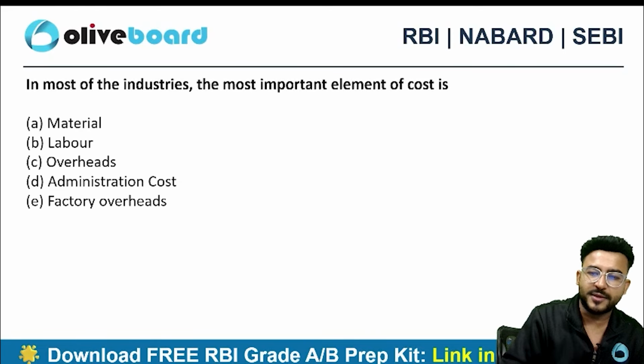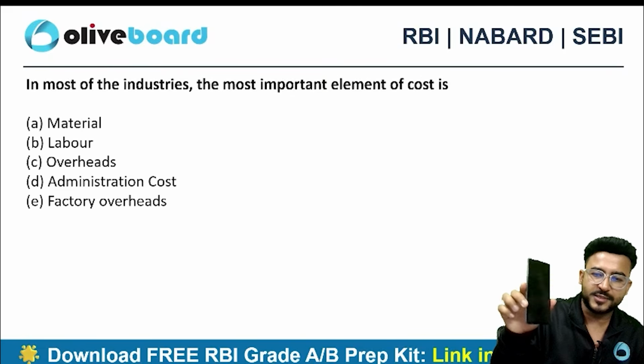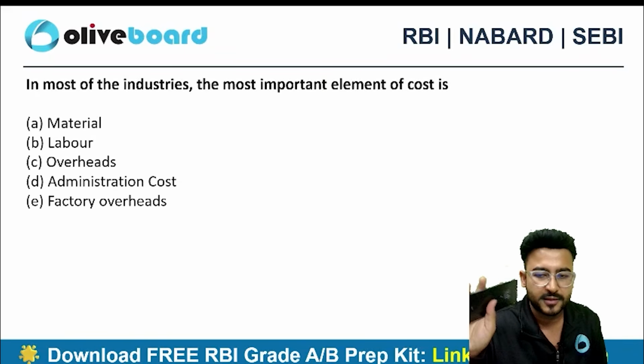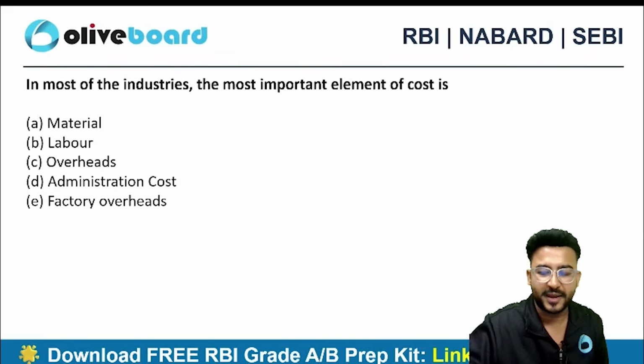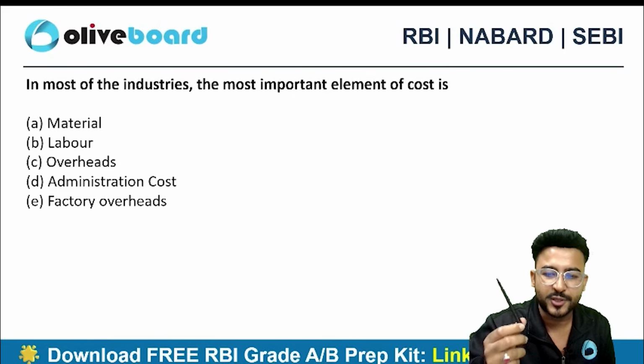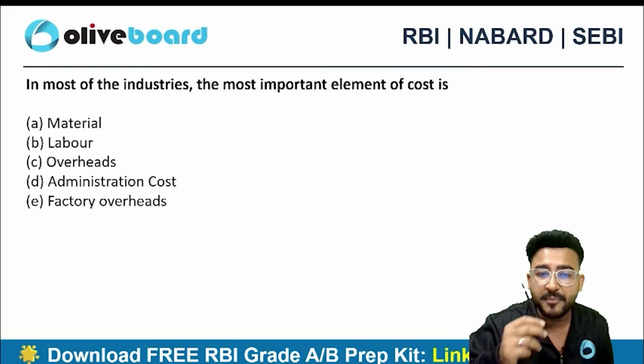Suppose I'm a phone manufacturer. So what is the first thing that will cost me, the most and the first? If I am a pen manufacturer, what is the first thing, what is the most important element?